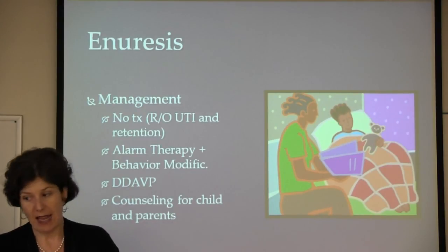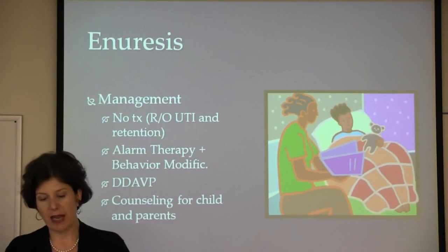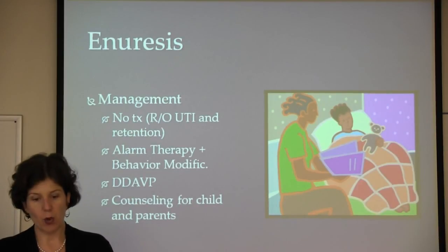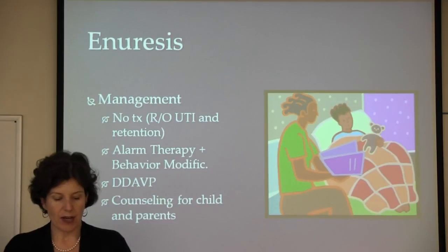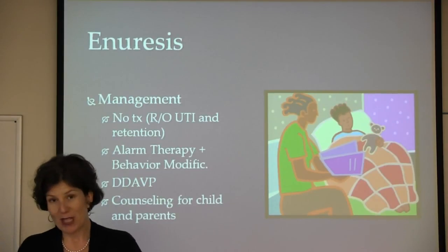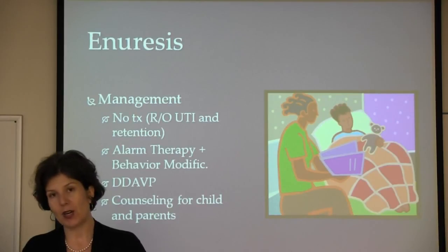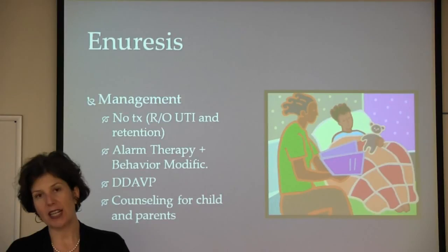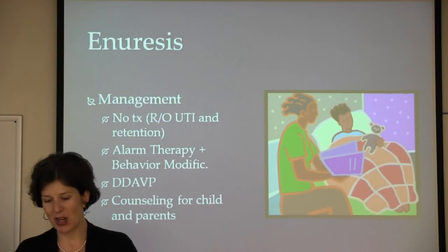Hormonal therapy with DDAVP, and counseling the child and parents to look at this and hopefully work through it together if there's no primary treatment. A lot of times it's no one's fault, and you want to make sure that the team is working together so that, as the child develops, this is not something to scar them.